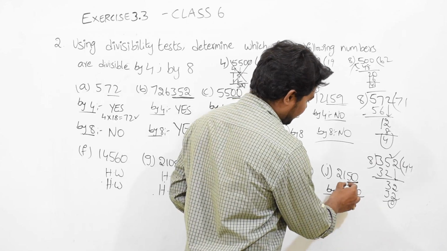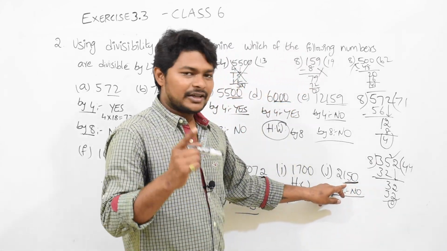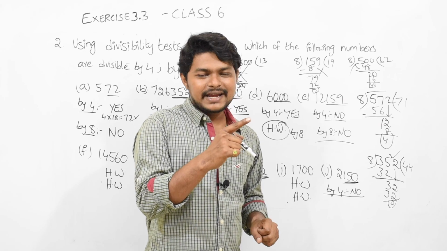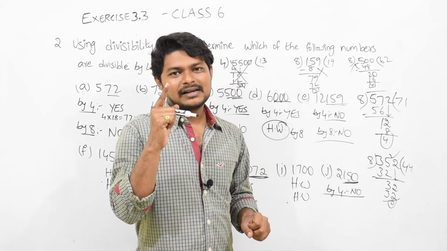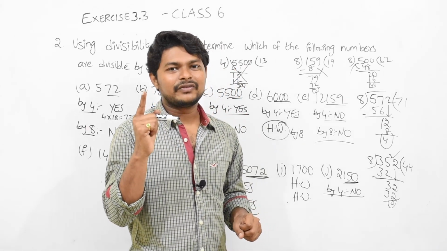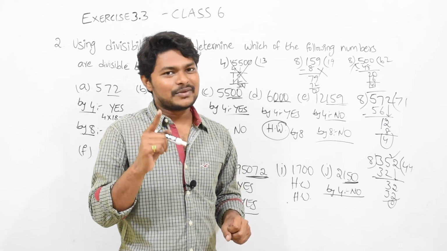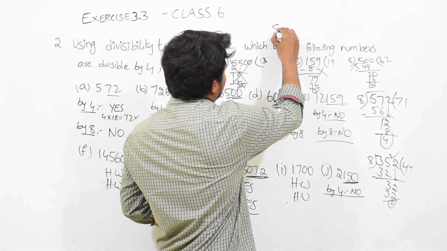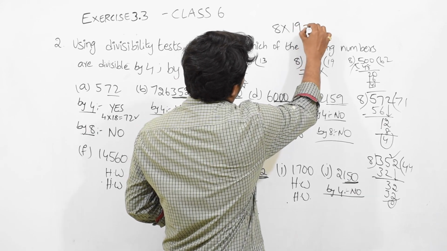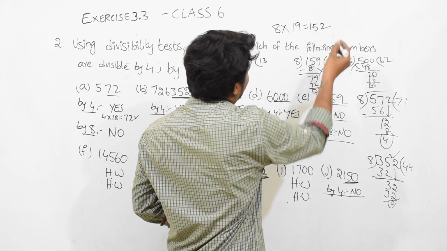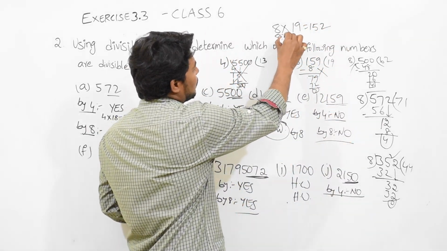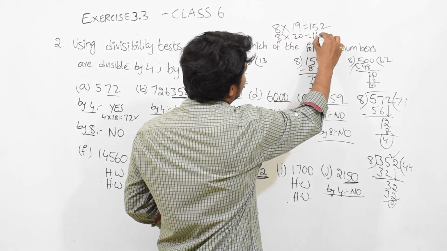This is 150. 150, you just see 8 into 19 equal to 152. Why? Because 8 into 20 equal to 160.